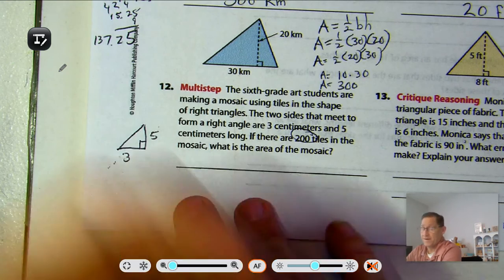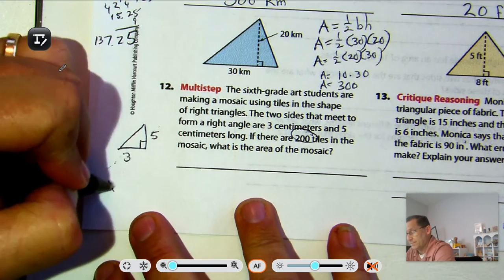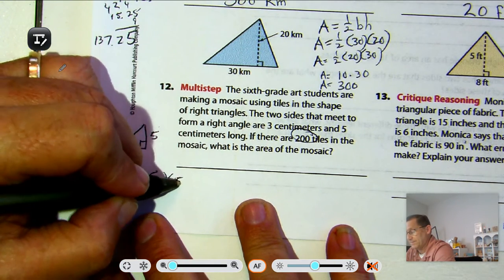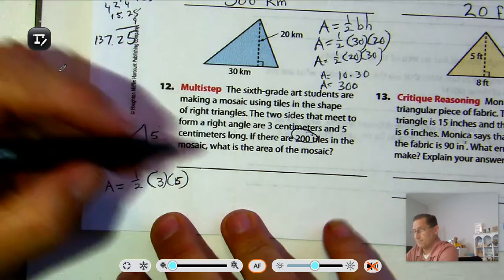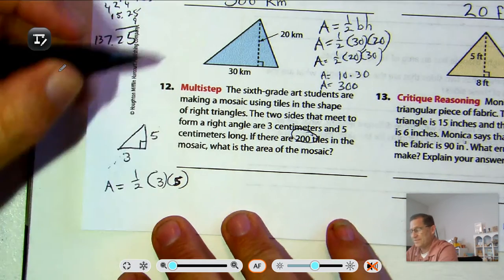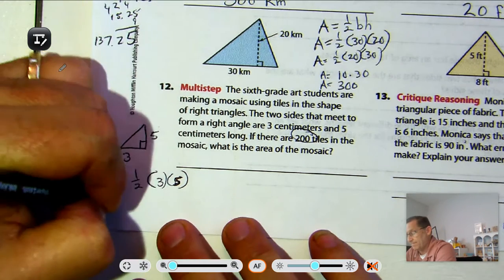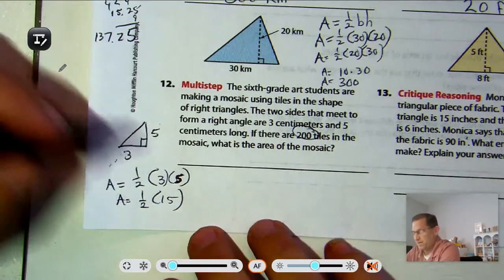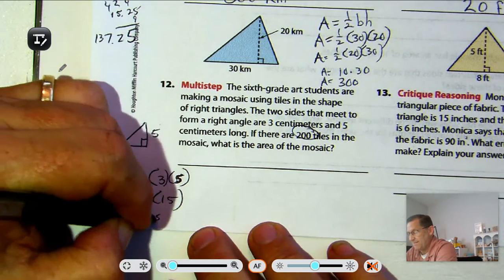So let's find the area of 1. So 1/2 times 3 times 5. Well, this time I'm just going to go ahead and multiply 3 times 5, because I can take half of 15, right? Half of 15 is 7.5.